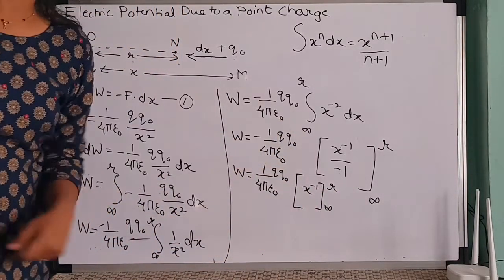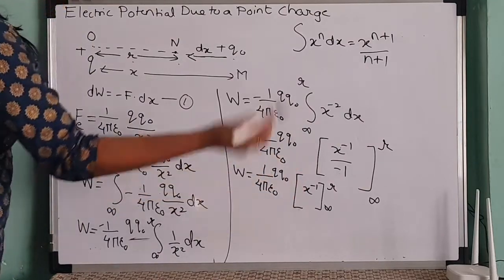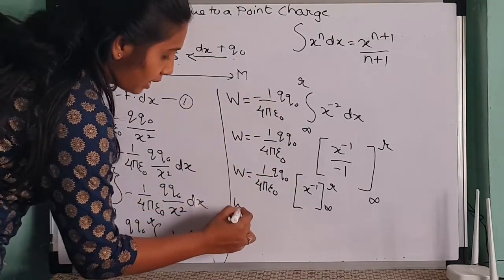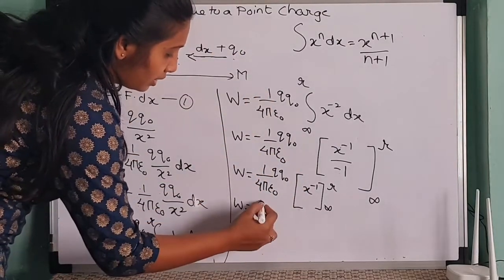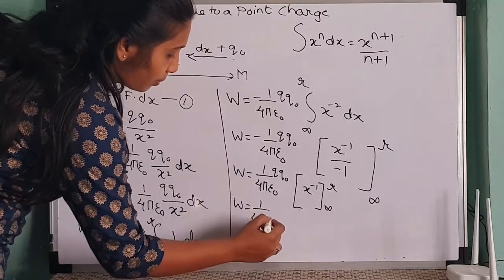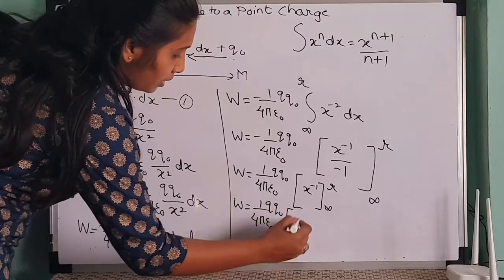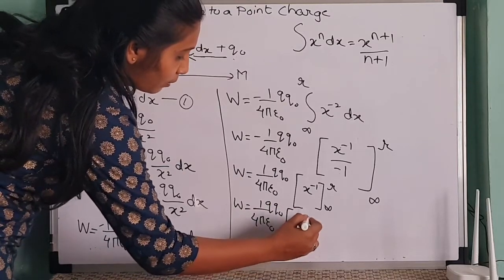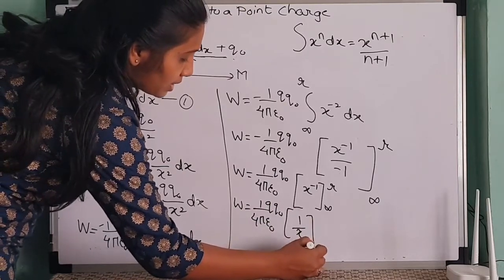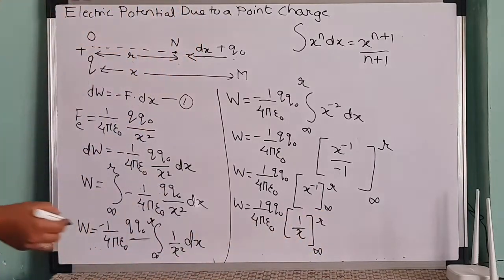Now this x raised to minus 1 can be written as 1 by x. So I can write W, that is work done, is equal to 1 upon 4 pi epsilon naught Q into Q naught, in brackets 1 upon x, limits are infinity to r.